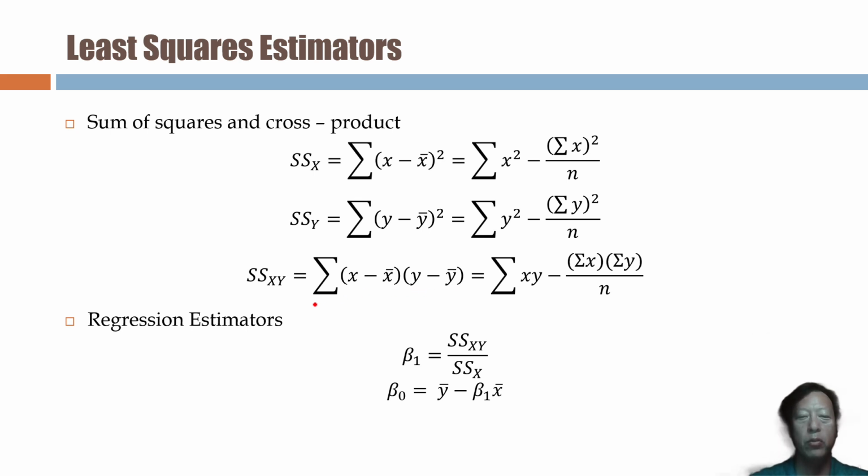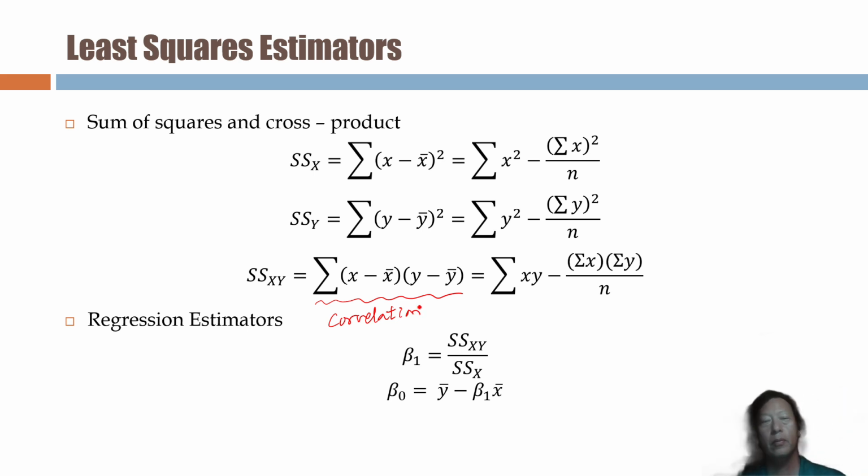This is similar to the correlation coefficient, but not exactly the correlation coefficient, just like this is not exactly the variance. It is related to the correlation coefficient, but not exactly.